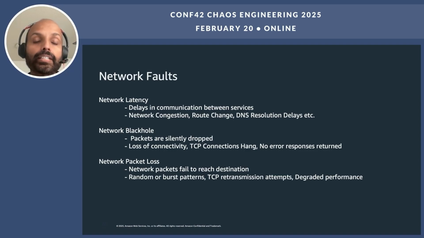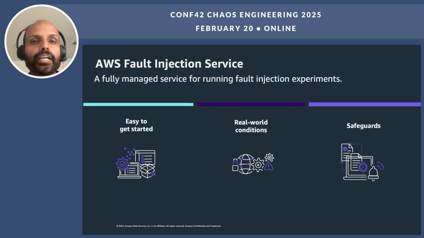Now, given that some of these network faults could happen in your container environment, how do you prepare for that eventuality? That's where FIS, Fault Injection Service from AWS, comes into the picture. It's a fully managed service for running fault injection experiments.